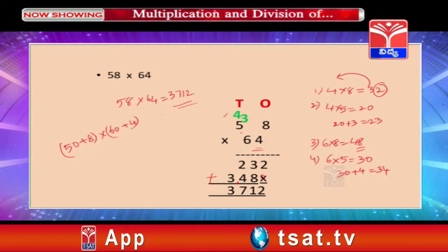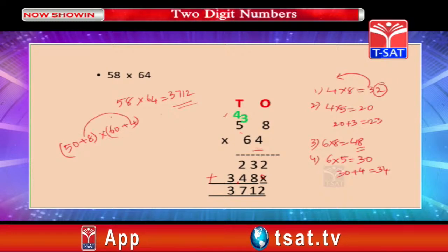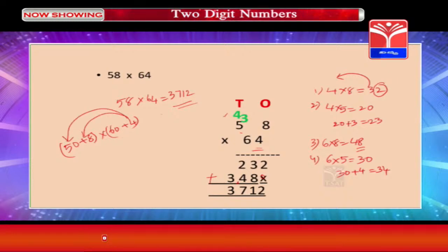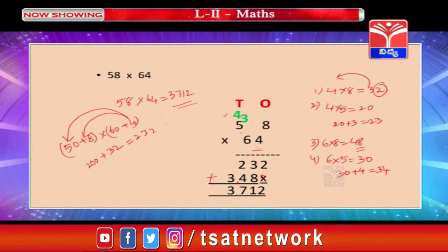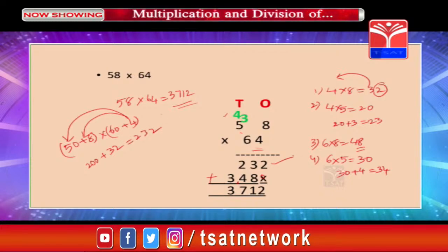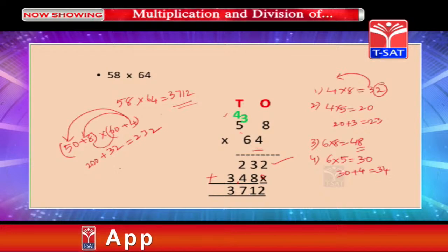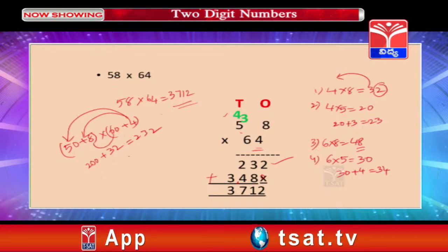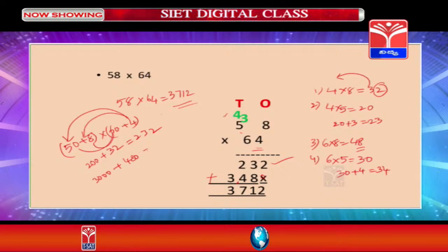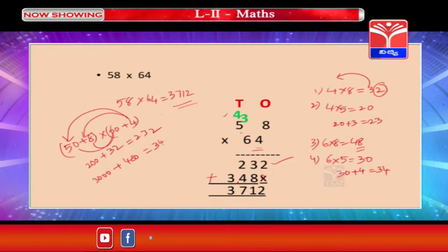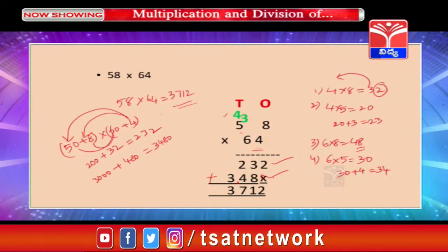First we multiply 4 into 8 and 4 into 50: 4 eights are 32 plus 4 fives are 20, so this is 232. And after that 8 into 60, that means 480, plus this one 3000. So, 3480, this is actually 3480.